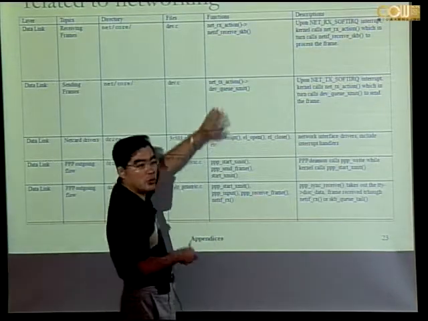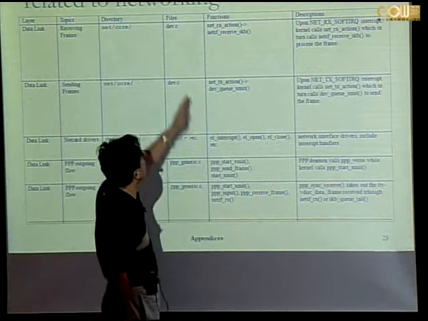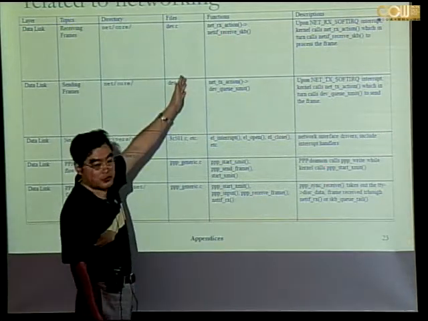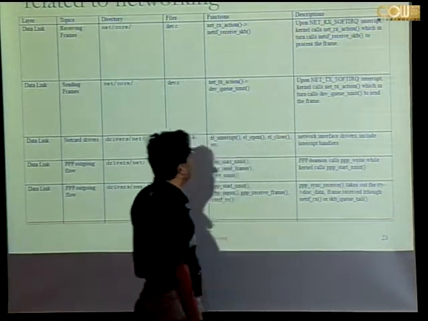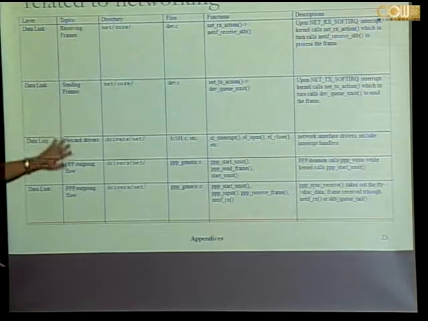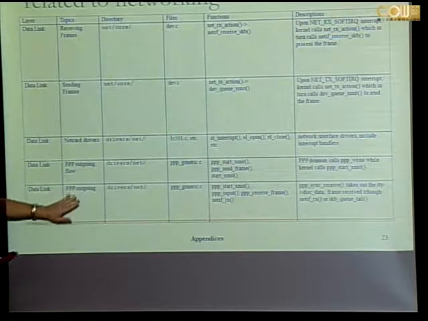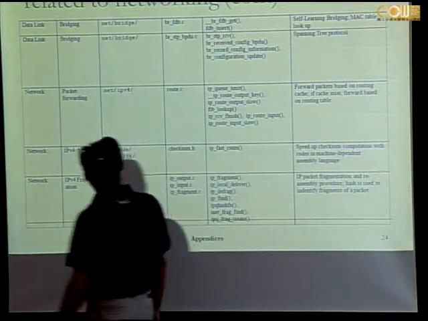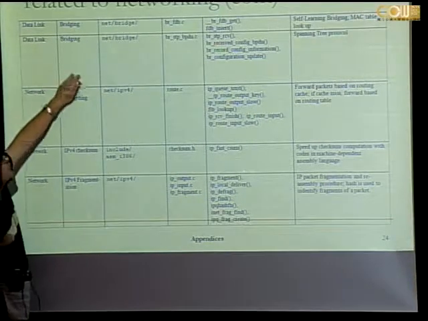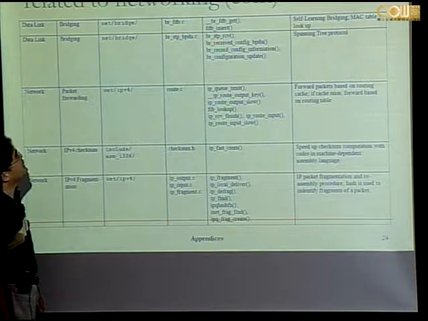These are the most important functions, and you can find them under this directory within this file, with a short description of what they do. So link layer receiving and sending, and the PPP driver implementation here. And then bridging; again, the link layer will be covered in chapter 3, and bridging is under the directory here.